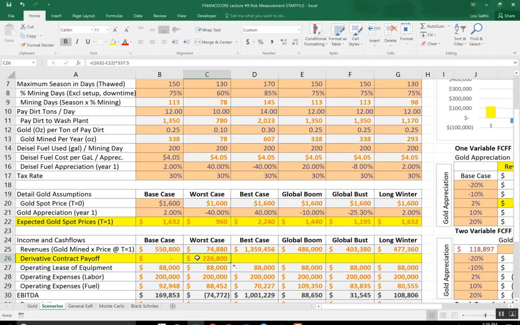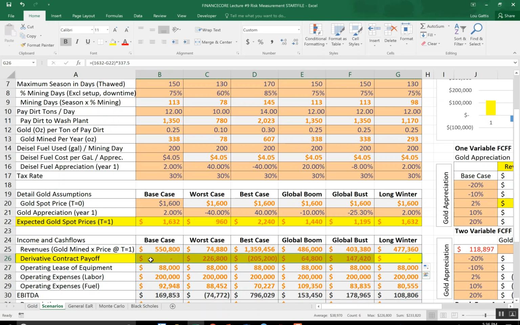Actually could be an exchange, say the Chicago Mercantile Exchange or the New York Mercantile Exchange, the NYMEX. But in this case, if gold prices do fall to $960, in this scenario, I take the difference between my $1,632 and my $960 times 337, and Todd will get a check mailed to him for $226,000. So if I copy this across, this is now the payoffs of the forward contract.